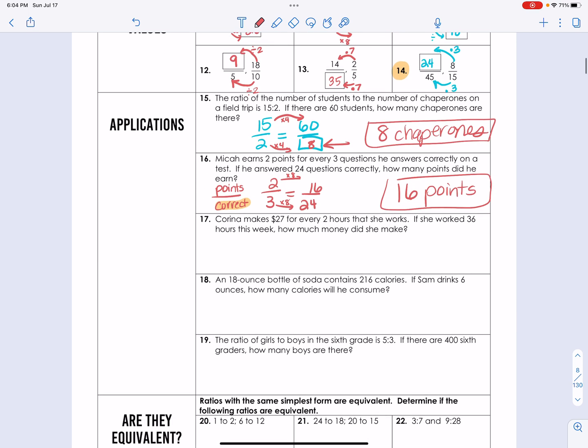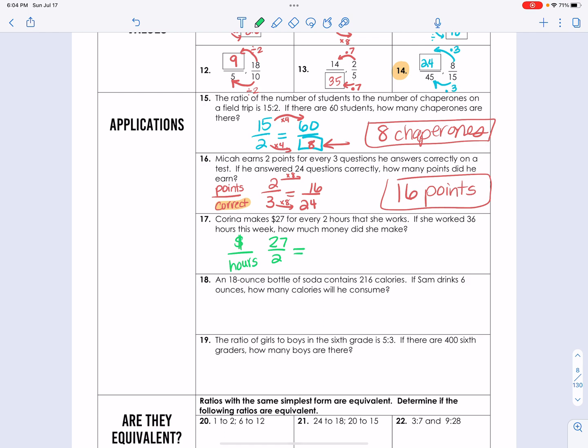Okay. All right, so let's take a look at the next one. It says Karina makes $27 for every 2 hours. So this is dollars over hours. And you don't have to write the words, but I would probably suggest it. I know when I was watching you do your math, you like to kind of do some stuff like that. It will help us in the long run.